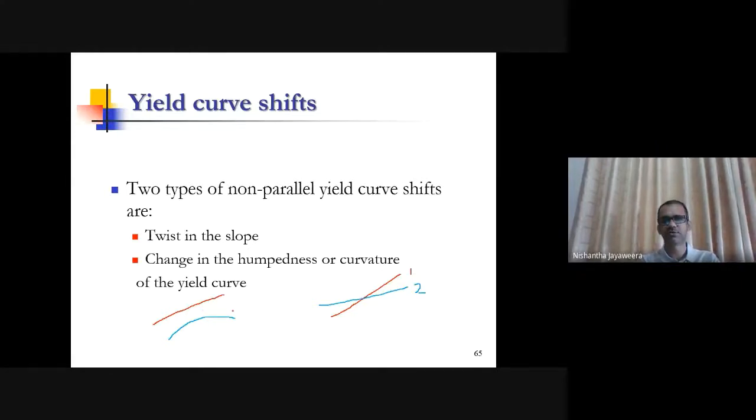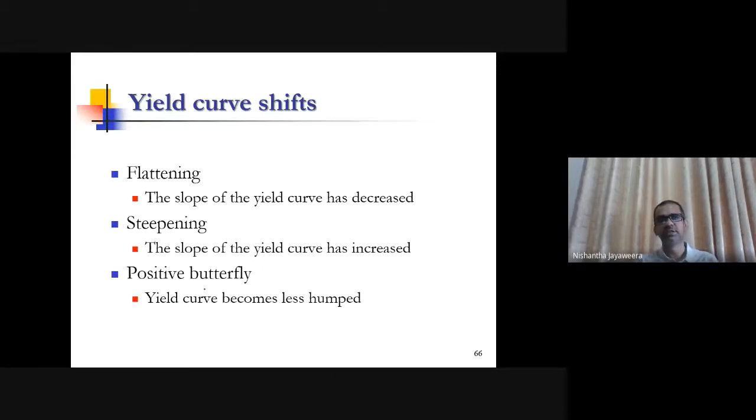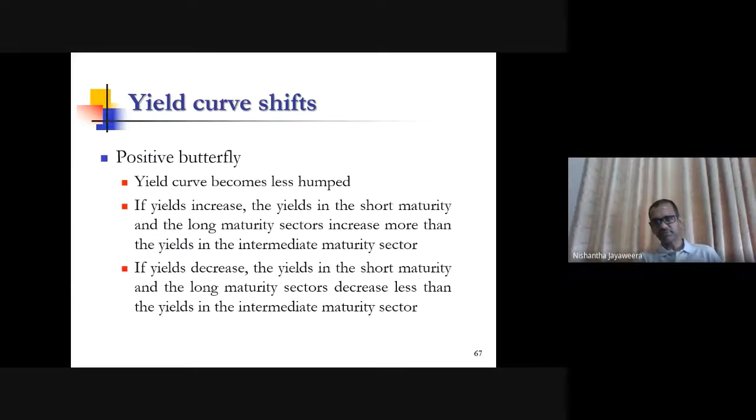So all those different shapes or changes can happen. Based on this, there are two different patterns or names given: positive butterfly or negative butterfly. We discussed all those things last week.